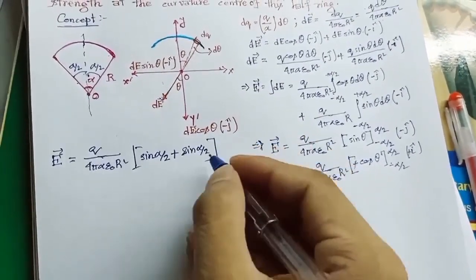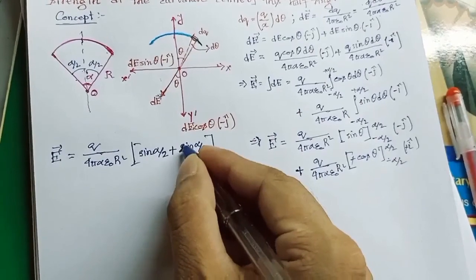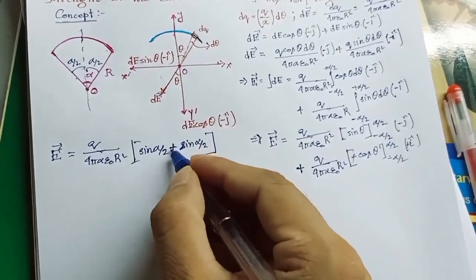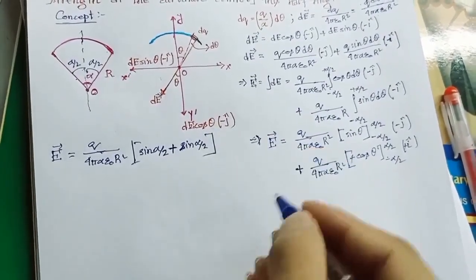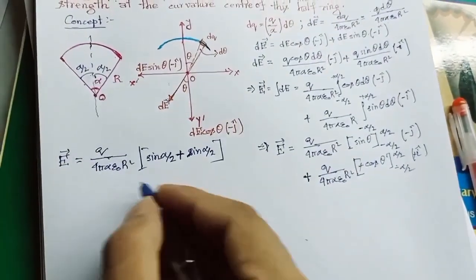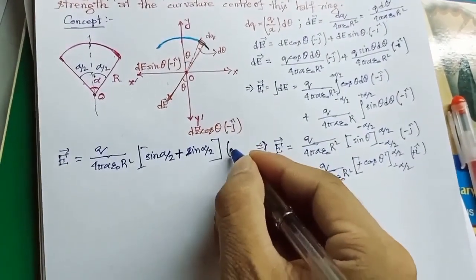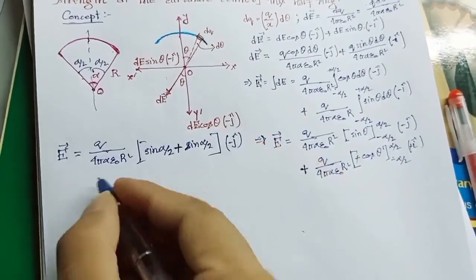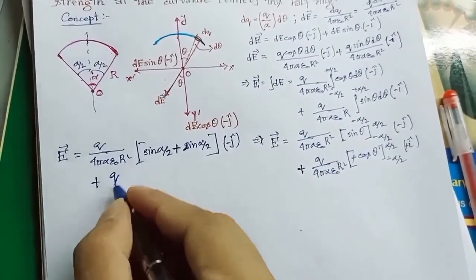Before that there is a minus, so the minus will cancel out and it will become a positive term, and its direction is minus j cap.